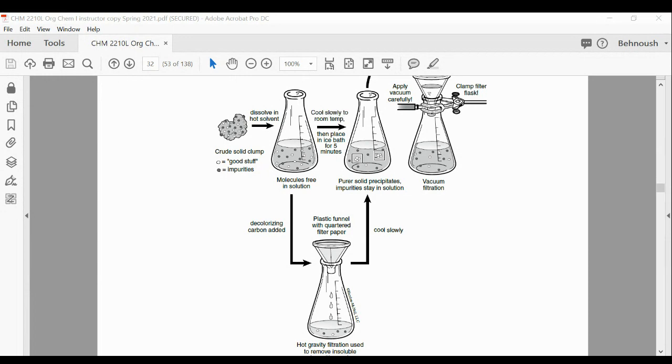Other than that, when it comes to impurities inside of the solute, you want to cool it down gradually in order to not have the impurities in the solute when you recrystallize it.